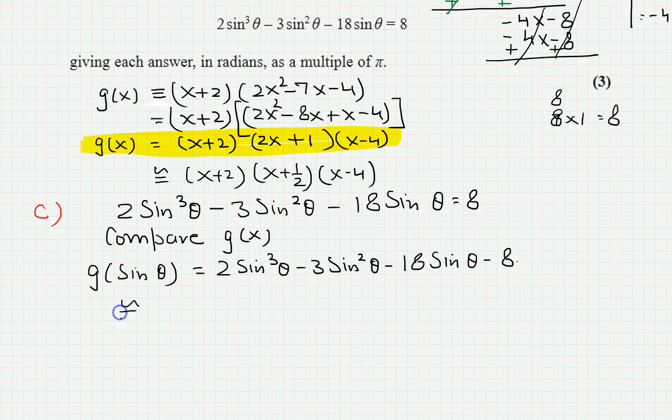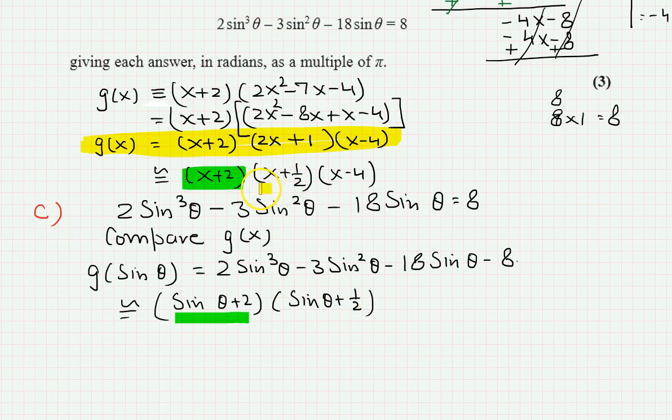So we have the factors: sine theta plus 2, because this is x plus 2, so we have to write sine theta plus 2. Another factor is sine theta plus half. And the third is sine theta minus 4. So that is g sine theta.